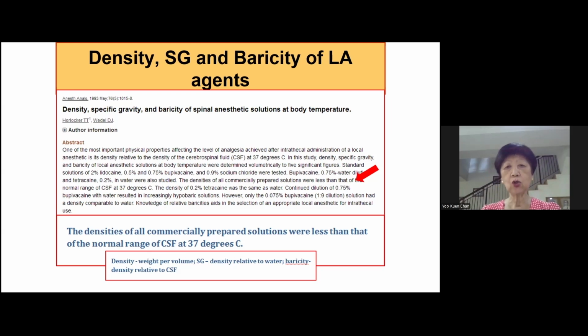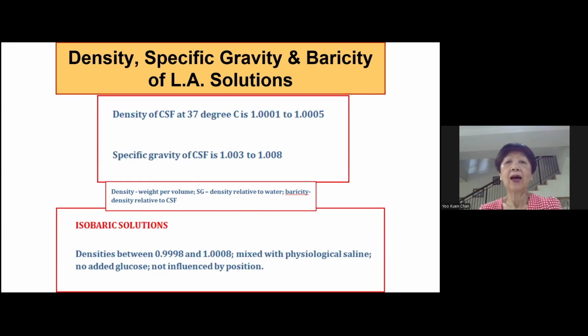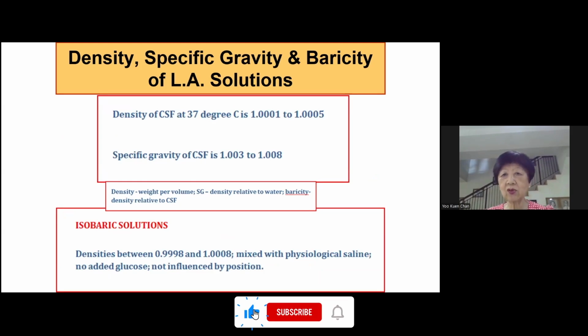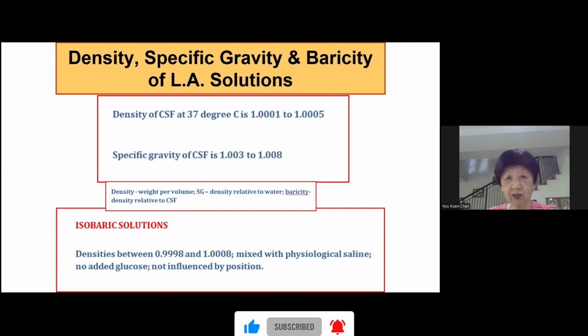So we're just going to go through some of these features. The density of CSF is about 1.0001 to 1.0005. Specific gravity is around there as well. So isobaric solutions are within about 1. There's no added glucose, and they are not influenced by position.